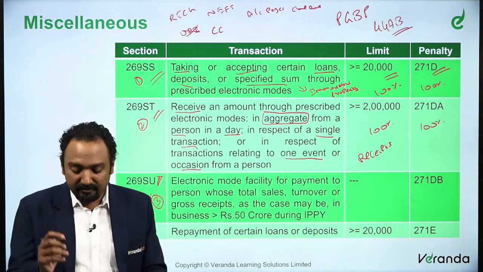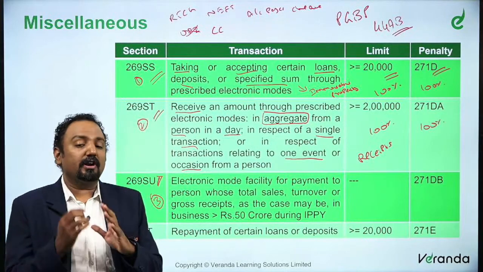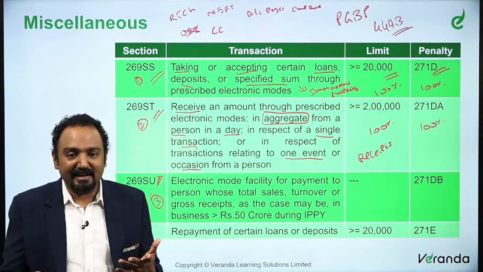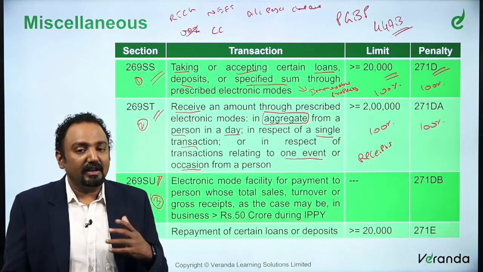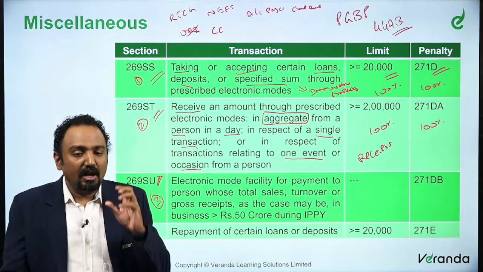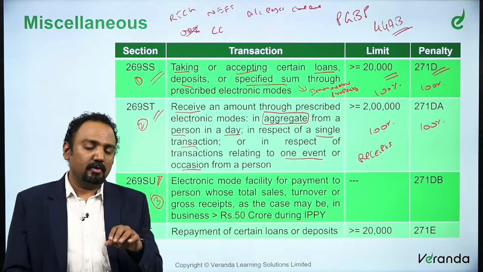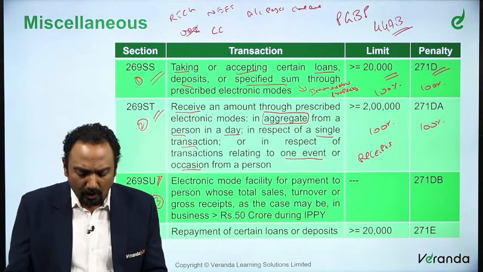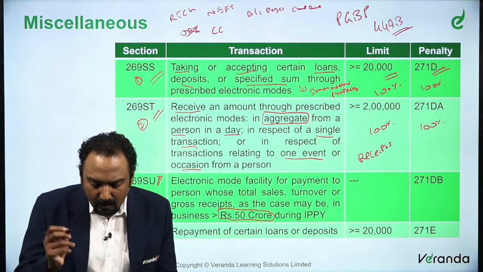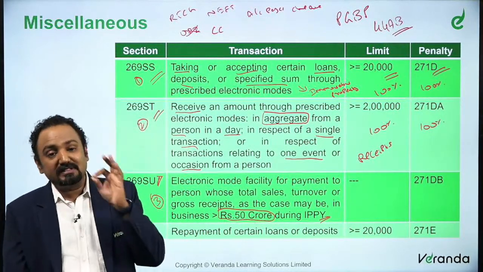If the turnover or gross receipt, whatever applies according to the business: if it is manufacturing, it is going to be turnover; if it is traded goods, you are going to call it sales; if it is service, you are going to call it gross receipt. So, depending upon the business, if the total sales, turnover or gross receipts is more than 50 crores during the immediately preceding previous year.